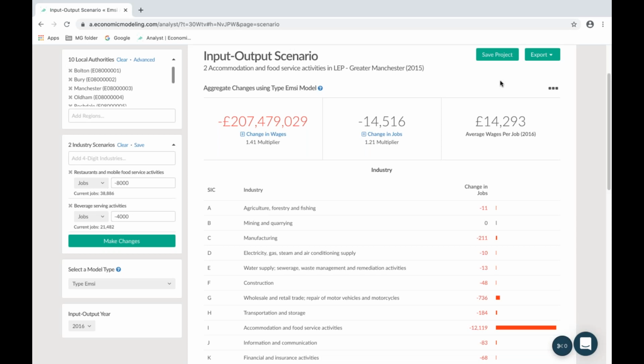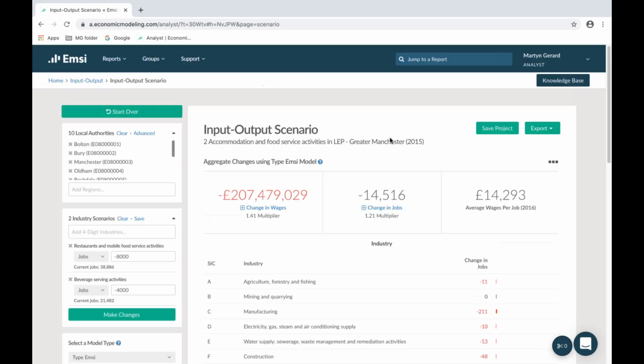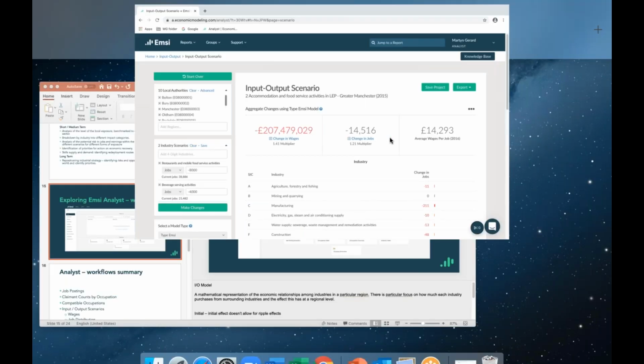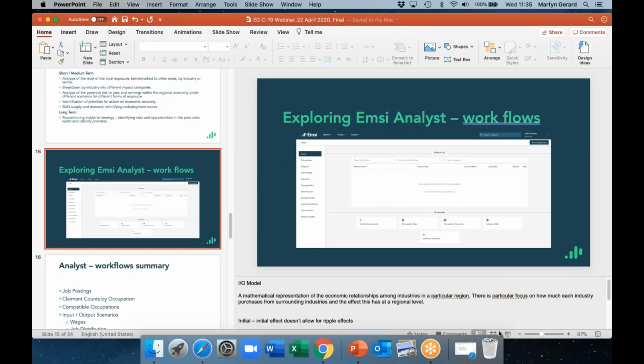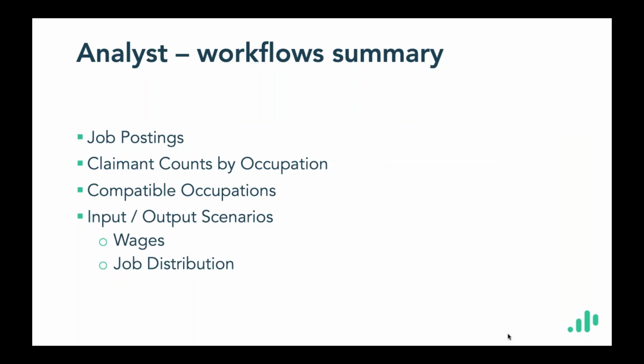But yes, just to recap, we'll go back to the presentation now. There's a few more things to share, but what we've looked at here is job postings. We've looked at those daily job postings over the last 30 days, really useful for understanding the initial impact. We've looked at where you can find claimant counts, which is going to be very important going forward.